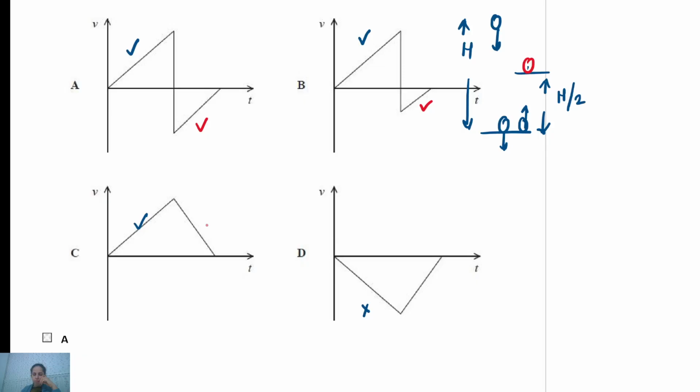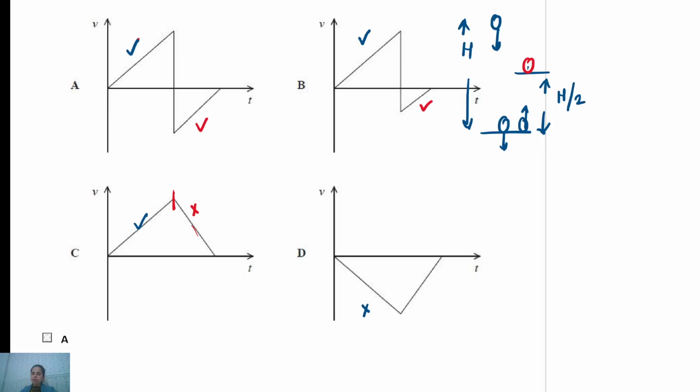Why it cannot be this: in this one, it is starting with a positive velocity and the positive velocity is decreasing. That is not happening. Because it's changing direction, we have to change the sign. If I'm taking my velocity to be positive while coming down, it will be negative while going back up. So it cannot be this case, so either this or this.